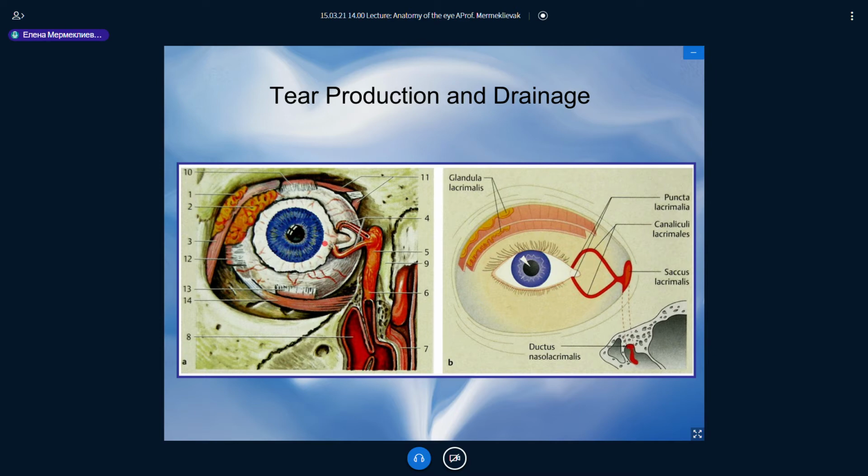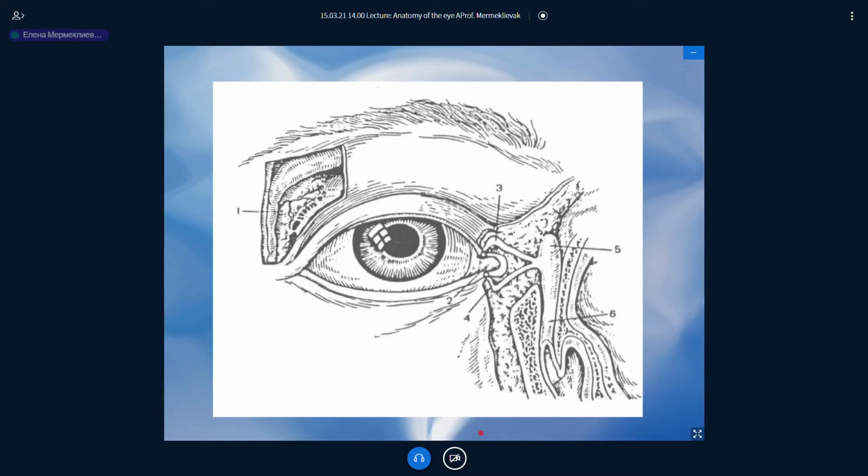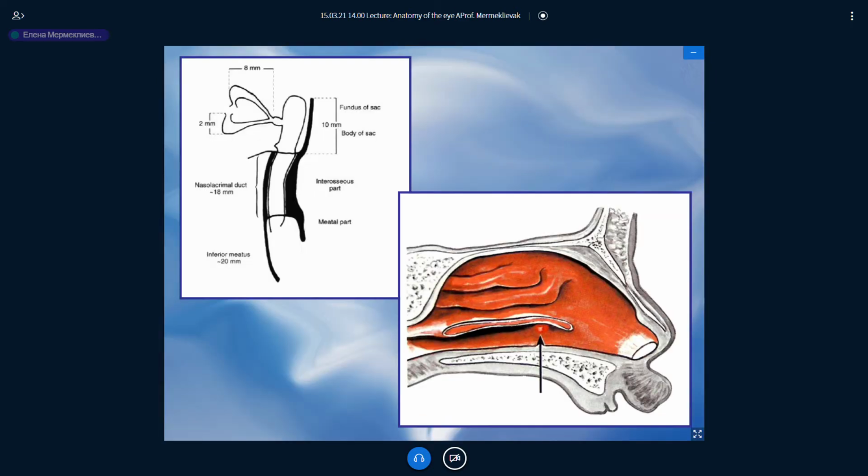The drainage system consists of 2 lacrimal puncta, 2 canaliculi, the lacrimal sac, and the nasolacrimal duct. Again, punctum, canaliculus, and duct. The nasolacrimal duct opens below the inferior concha in the nose.